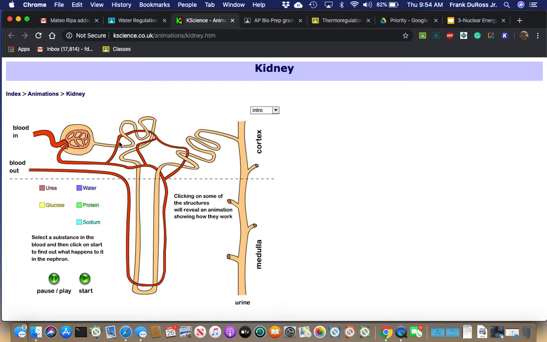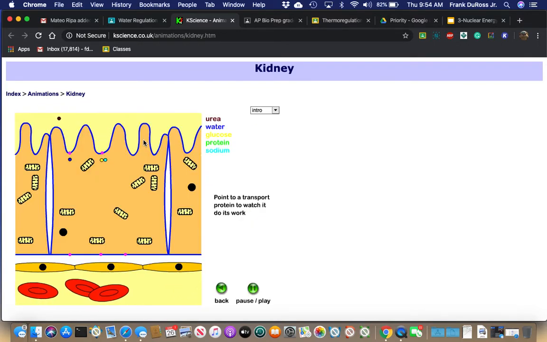We could look in this initial section, which is the proximal convoluted tubule. Again, we see molecules moving into the blood, as well as molecules that are moving out.